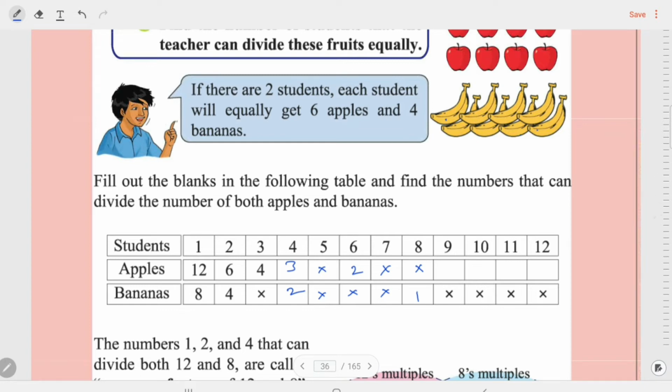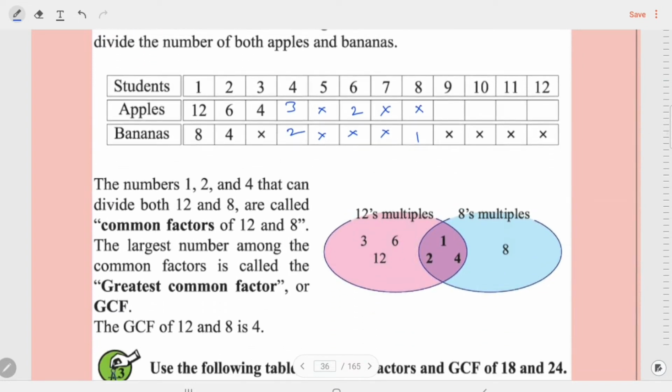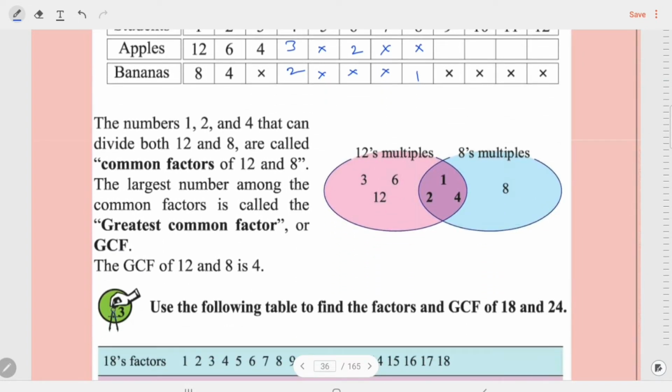The numbers 1, 2 and 4 can divide both 12 and 8. Yes, they are called common factors of 12 and 8. The largest number among the common factors is called the greatest common factor, GCF.